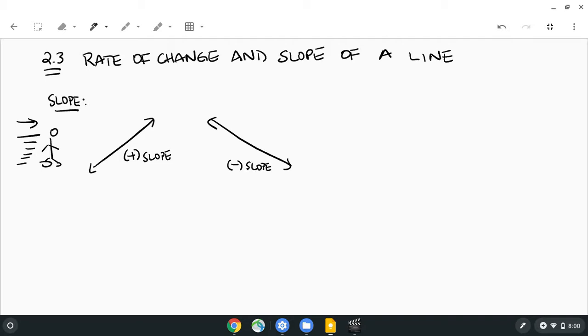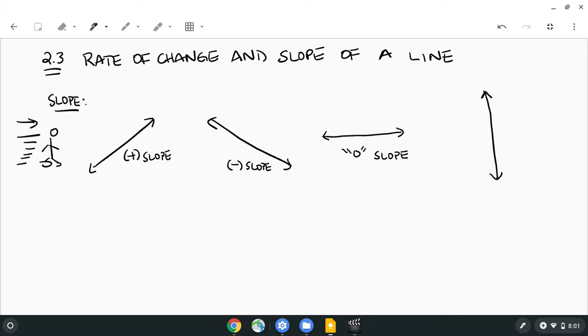And then if the road changes again and it just kind of does this, it's completely flat, then he's not going uphill, he's not going downhill. So there is no slope. So this line has a slope of 0. And then if suddenly the road does this, well, then now he's in some crazy land and he can't go up this road anymore.